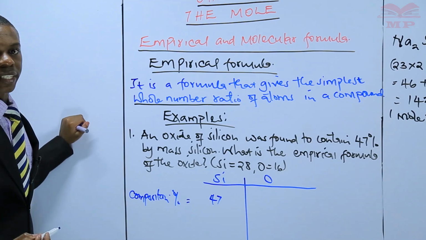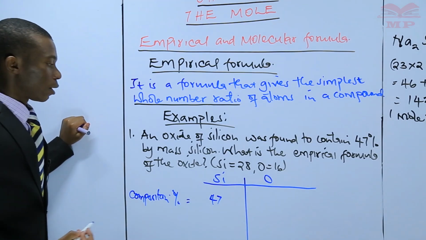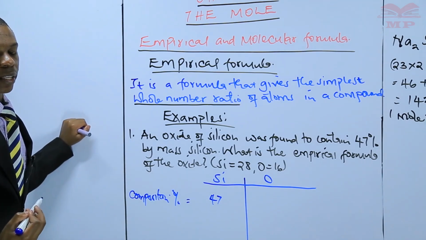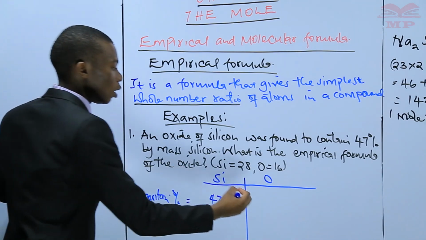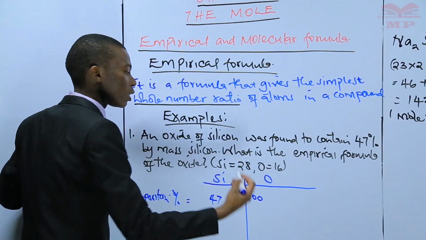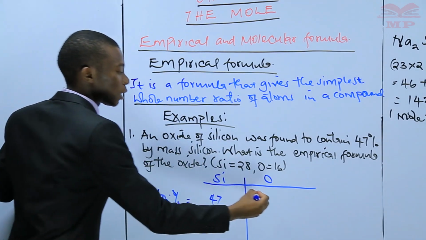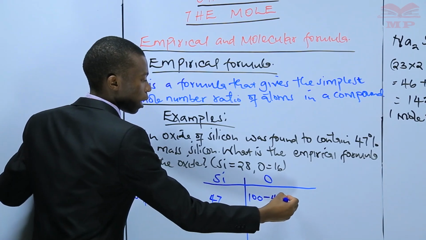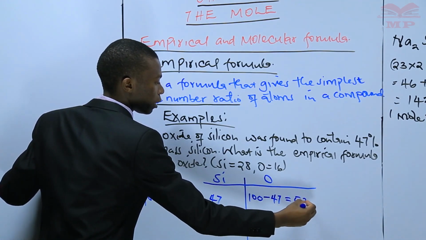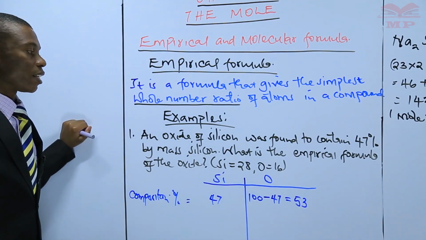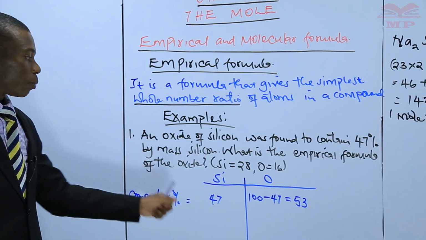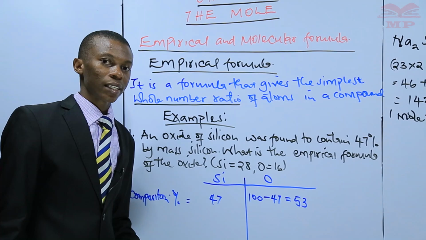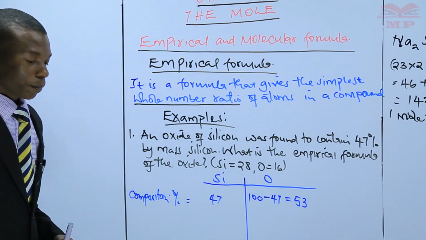So silicon is 47%. Then what is the percentage of oxygen? The percentage of oxygen will be 100%, then you subtract the percentage of silicon, which is 47. 100 minus 47 is 53. Therefore, the percentage of silicon is 47 and the percentage of oxygen is 53.